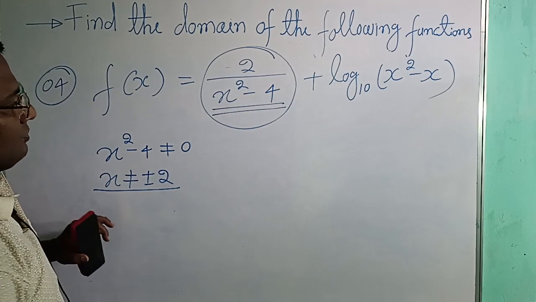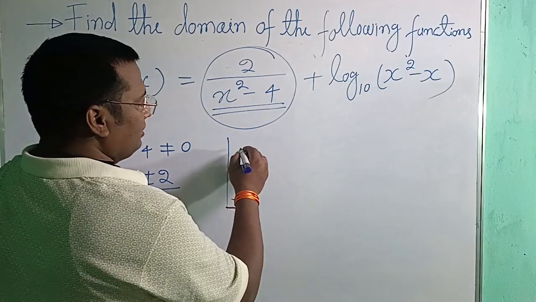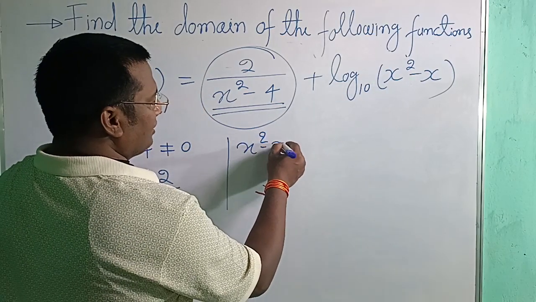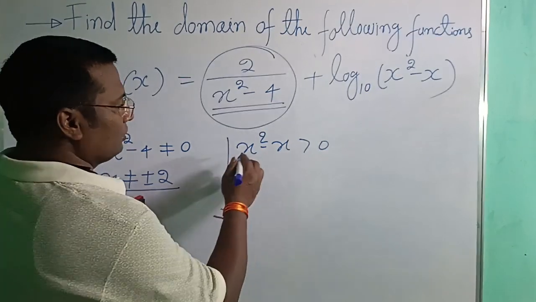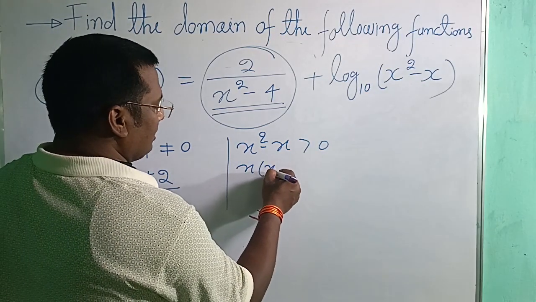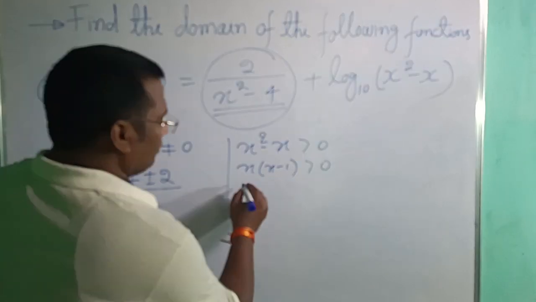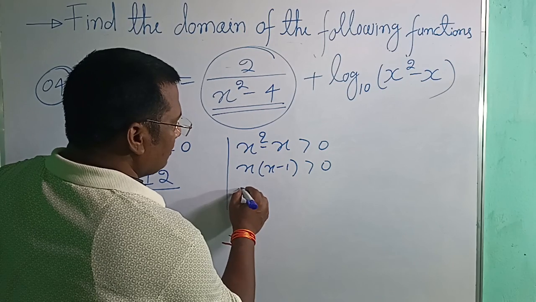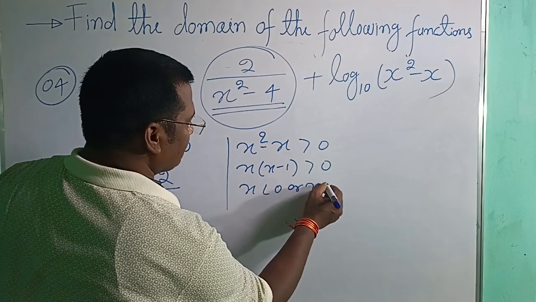Okay. Second, the log of this argument, x square minus x, must be greater than 0. Okay. So from here x(x minus 1) greater than 0. So from here x less than 0 or x greater than 1.